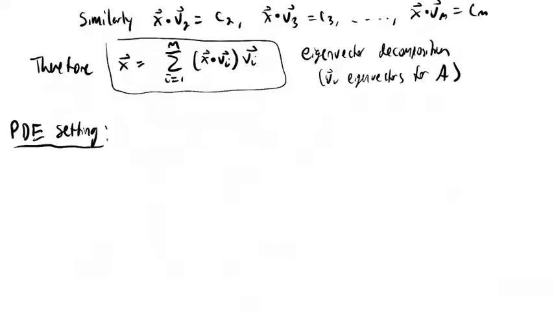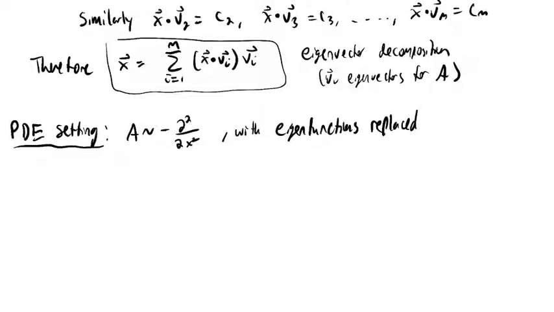Recall that our matrix A is now replaced by negative second partial derivative with respect to x, and the eigenvectors are replaced by eigenfunctions given by these sine functions.